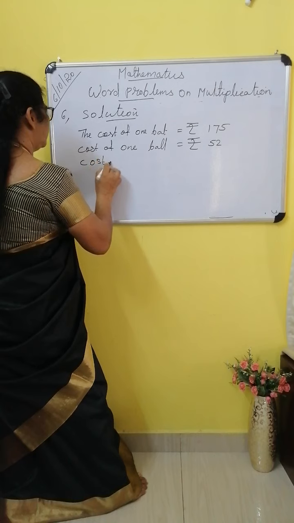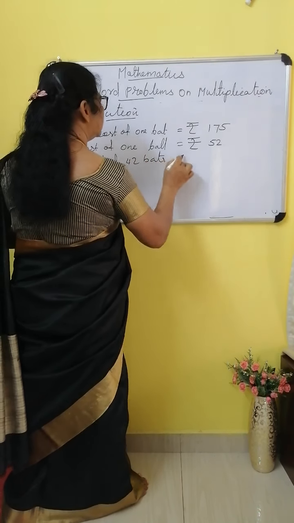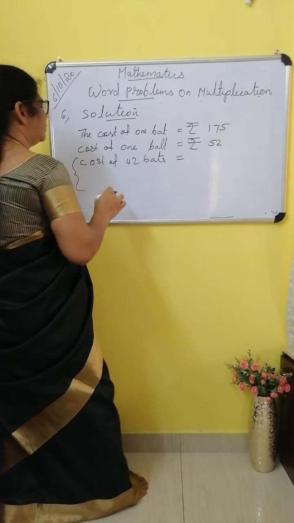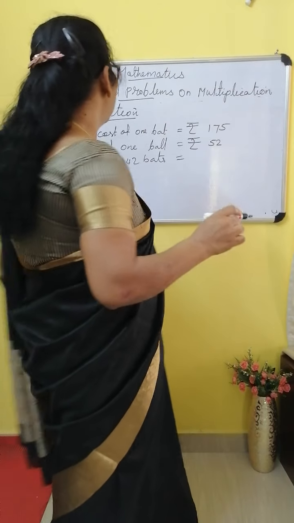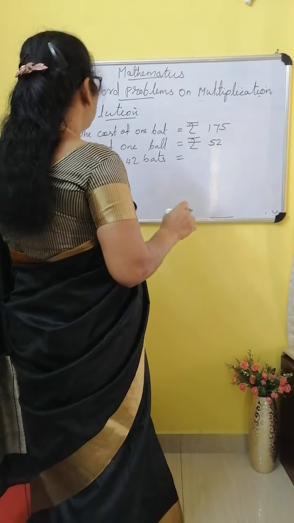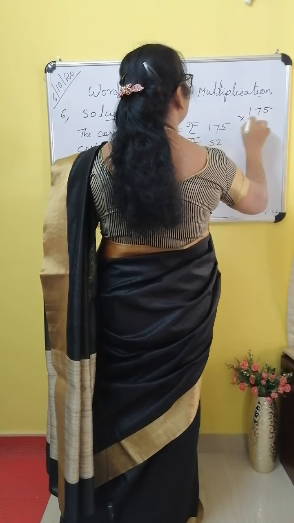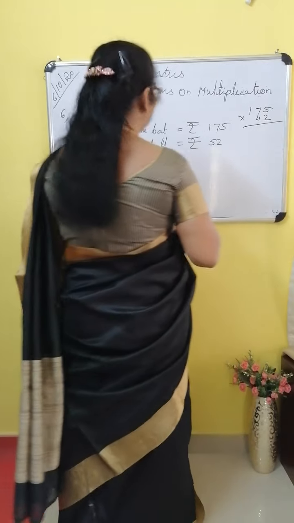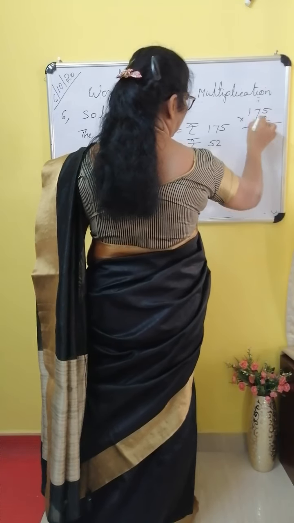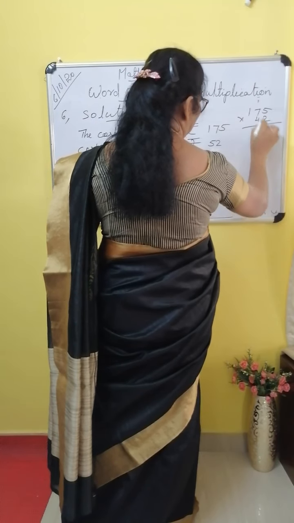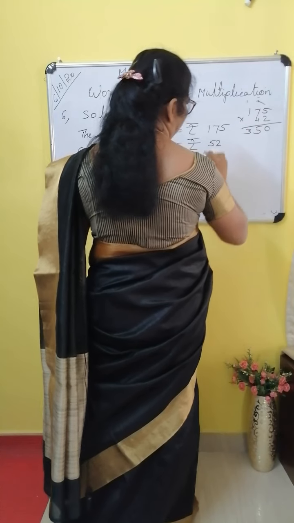Cost of 42 bats equal, 1 bat costs 175. So 175 into 42. 2 5s are 10, 1 remainder, 2 7s are 14 plus 1, 15, 1 remainder, 2 1s are 2 plus 1, 3.